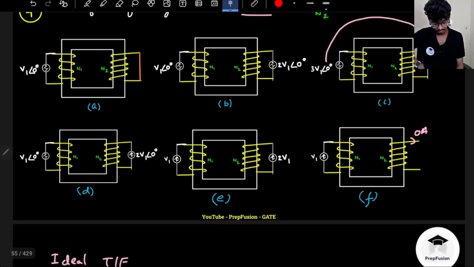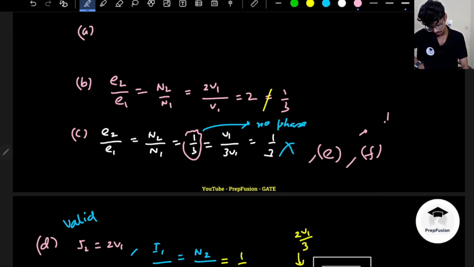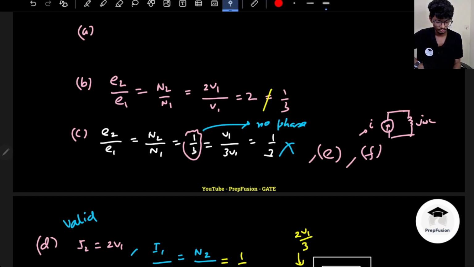It is simply a current source with a simple j omega L, whatever the impedance will be, but it doesn't matter. By invalid I mean which will not work as a transformer. Current source will always supply the current whatever it wants to, because it does not matter whatever impedance or reactance is there in series with the current source.